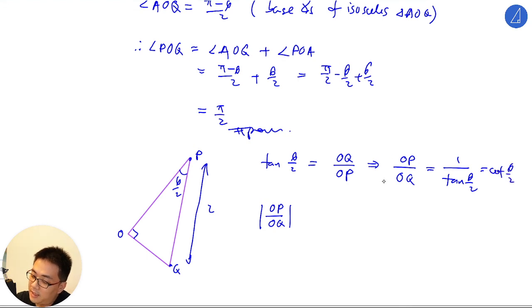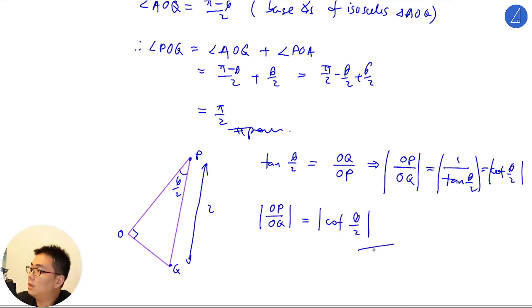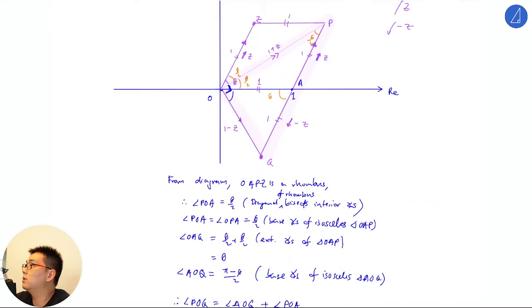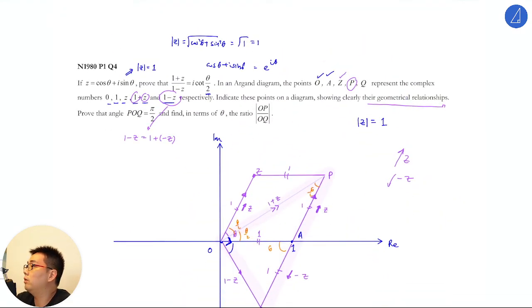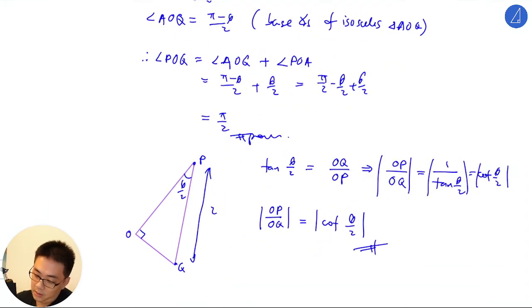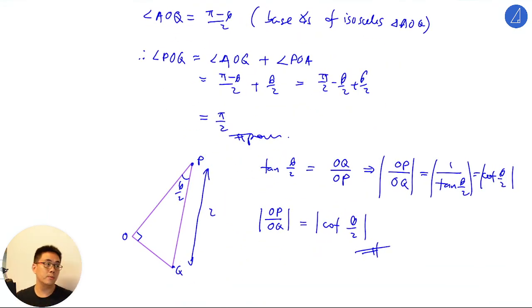But the problem with the trigo ratio is that it can be negative, right? So that's why you just mod it lah. So I think this is the answer. It's just one in terms of theta, right? Okay, just one in terms of theta. So the ratio of OP to OQ in terms of theta, yeah, that's it. Just modulus cot theta over 2. Just put modulus because theta may be obtuse. If it's obtuse, then cot is negative, so you just make sure it's positive.